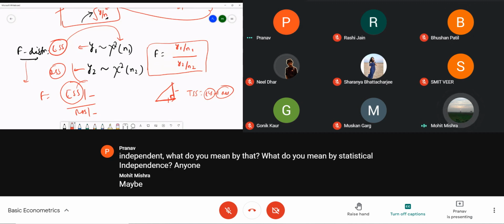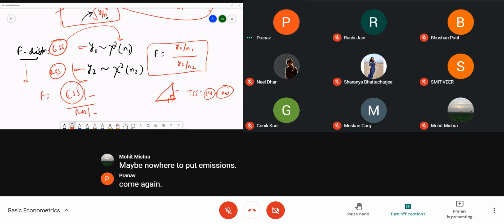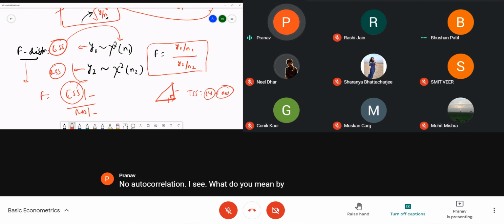Maybe no autocorrelation. Come again? Sir, no autocorrelation. Yeah. No autocorrelation? Ayushi, what do you mean by statistical independence?